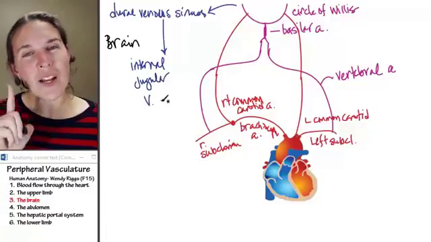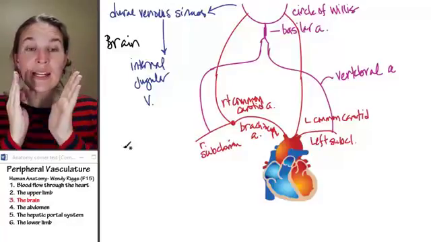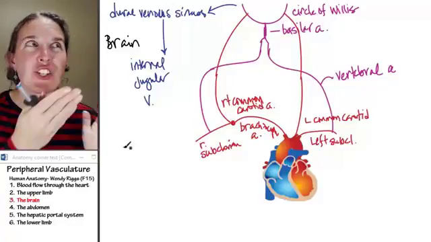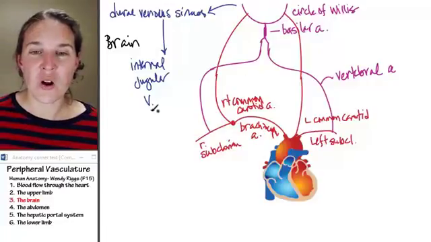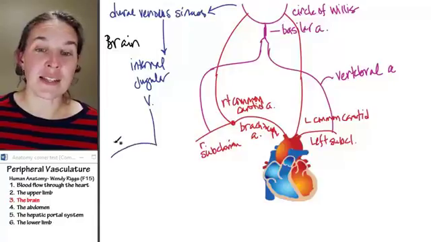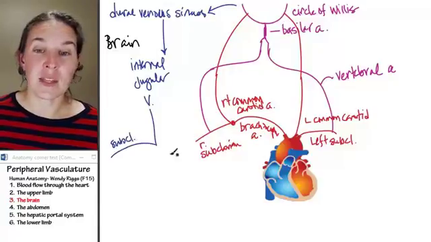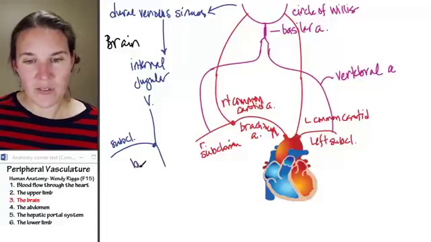And what do you remember about internal jugular veins? They're draining, and they join with the subclavian vein. So I'm going to just draw my internal jugular vein. It joins with the subclavian vein to become who? Brachiocephalic.